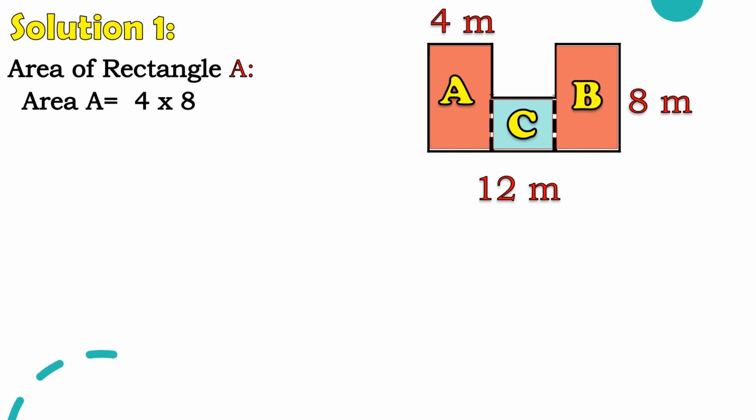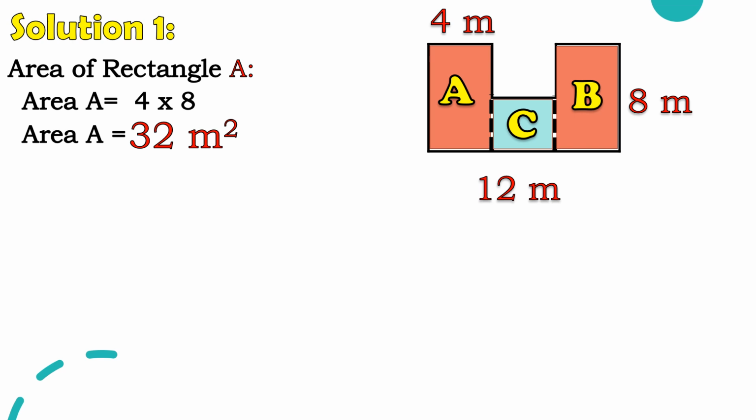Walang label dito na 8 sa rectangle A, but since ang rectangle A at rectangle B ay same figure lang siya, congruent siya, kaya kukunin natin yung 8 doon sa may nakalabel sa rectangle B. So, therefore, the area of rectangle A is 4 times 8 is equal to 32 meters squared.